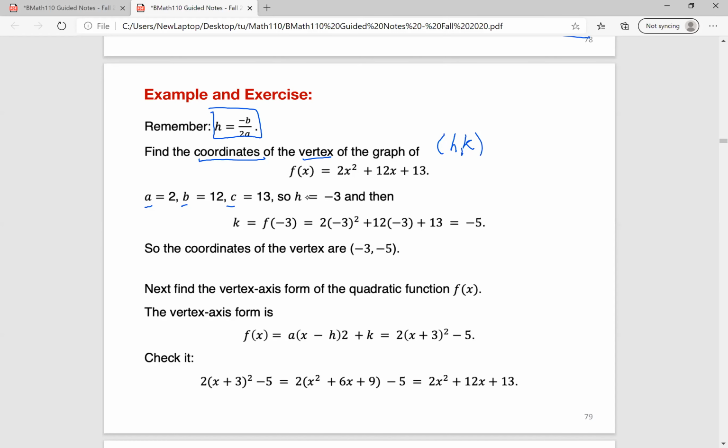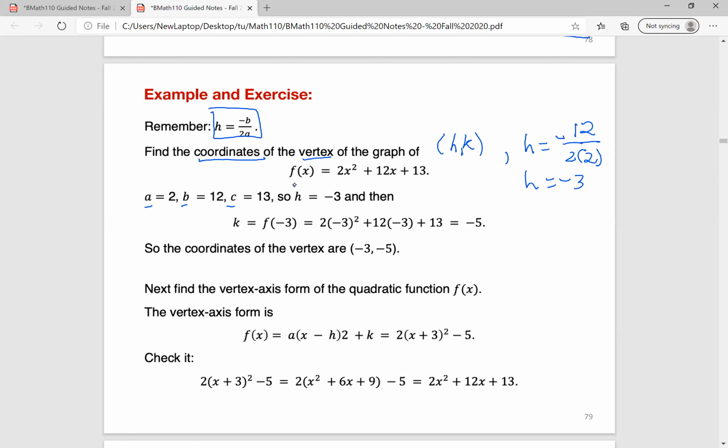So h will be equal to negative b over 2a. b in here is 12, so I change this b to 12. a is 2, so I change this a to 2. So then you can see that h will be equal to negative 4. Negative 3, I'm sorry.